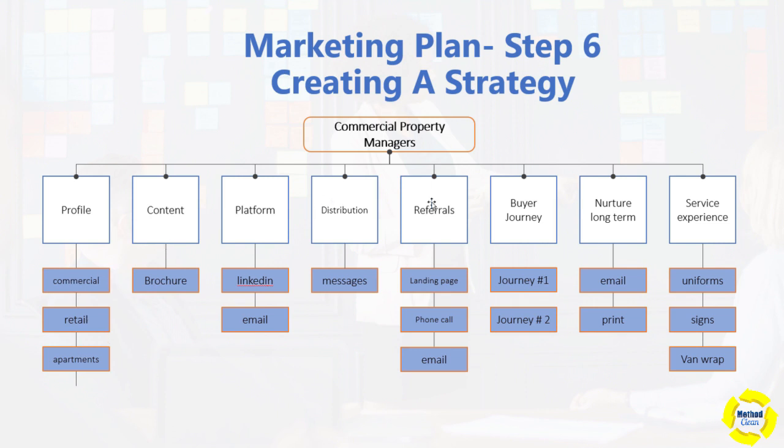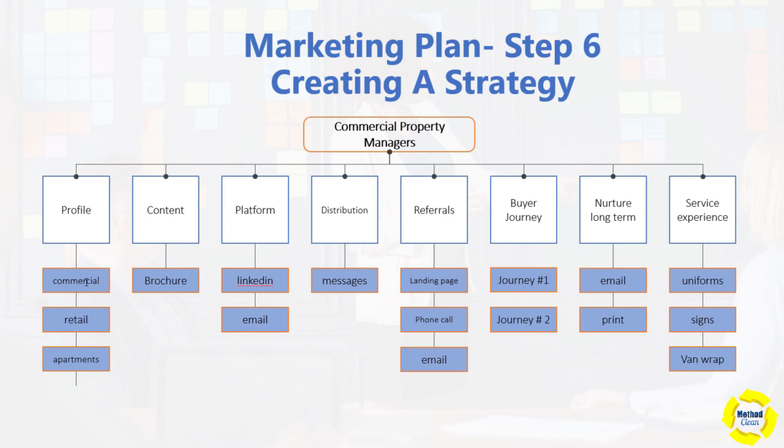And as you progress through these different subjects, you would decide, okay, if I'm going to approach commercial property managers, what kind of brochure do I want? What kind of email template? What kind of landing page? We can decide based on the subject, not just one brochure that applies to everybody, but some messages specific to them.